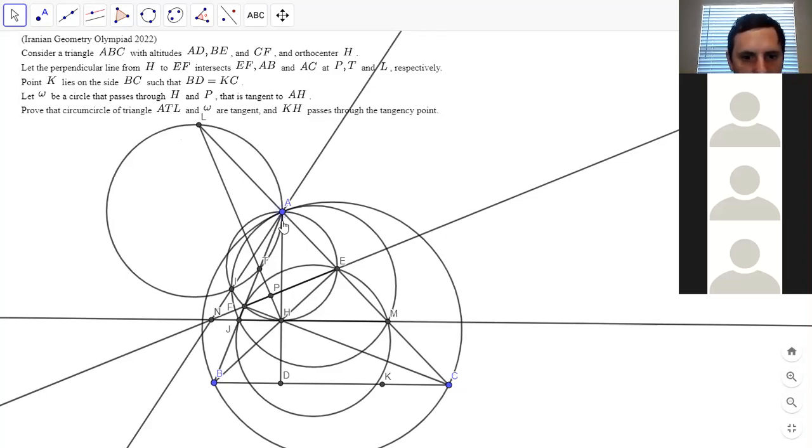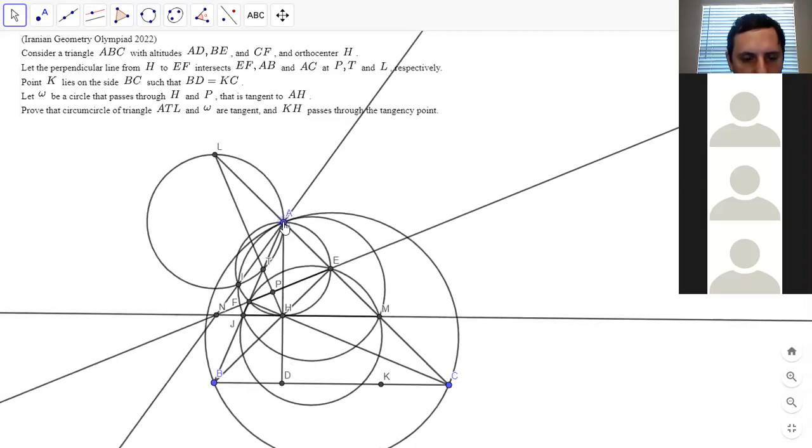Yeah, I'm not sure how to use that BD equals CK.